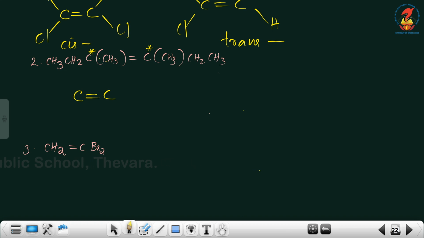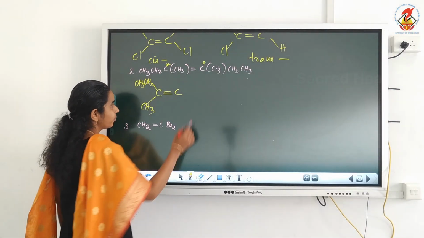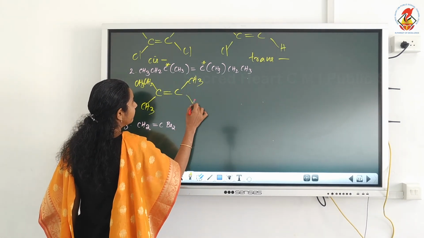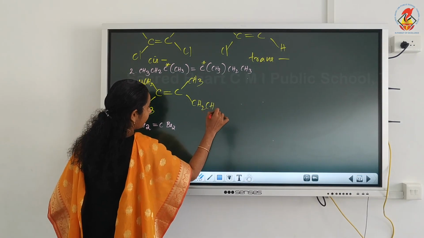Now write which are the groups on this carbon. One is methyl and one is ethyl group. So I am writing CH3CH2 here and CH3 here. Now which are the groups present on the second carbon? Here also one is methyl and one is CH2CH3. So I am writing CH3 here and CH2CH3 here.